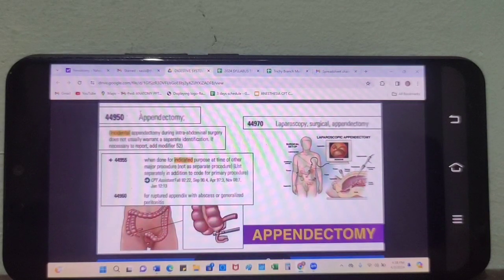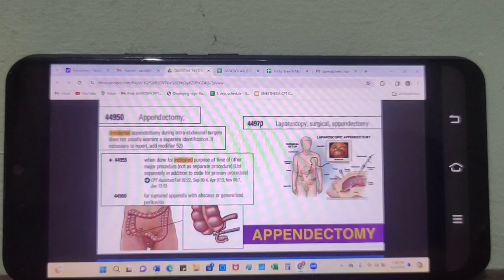Appendectomy means removal of the appendix. In appendectomy, we have two classifications: open surgery and laparoscopic surgery. For open surgery, 44950. For laparoscopic removal of the appendix, go for 44970.